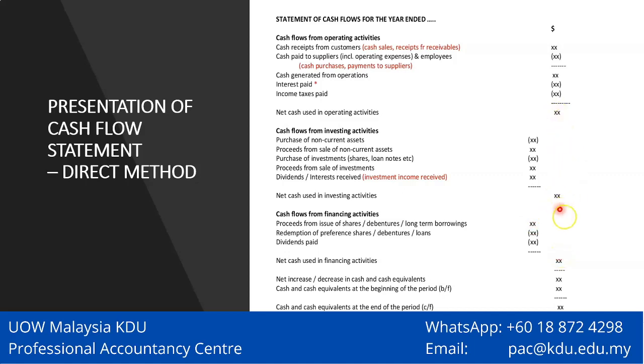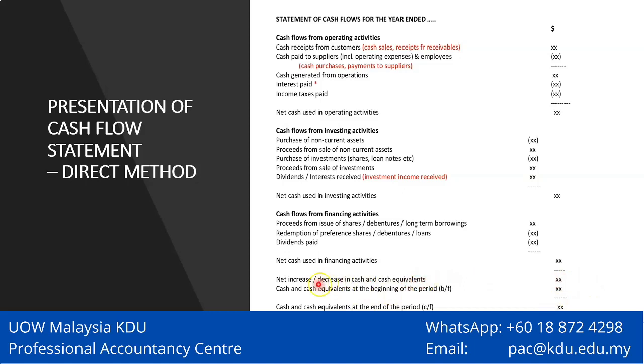Taking these three sections and adding them together, you could get a net increase in cash or a net decrease in cash. Now you will notice I use the word cash and cash equivalents. We also use this word in limited company. Basically, it's cash and bank balances.